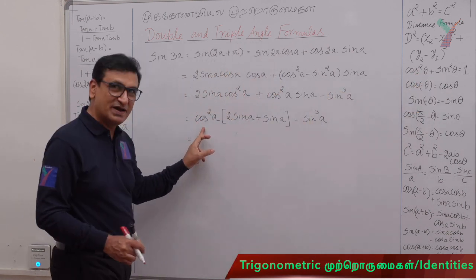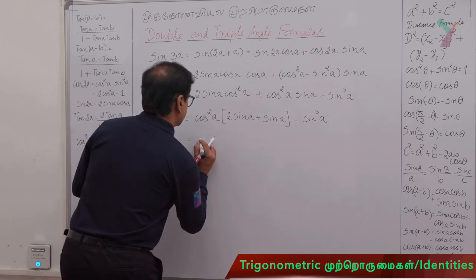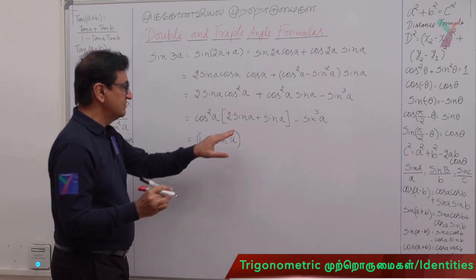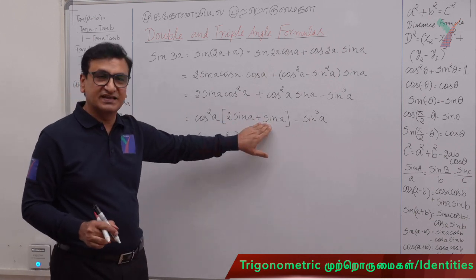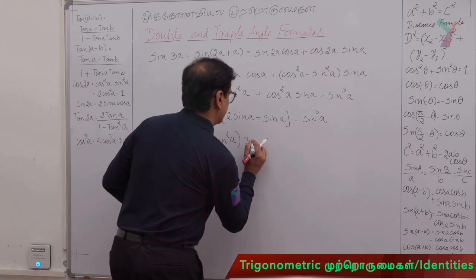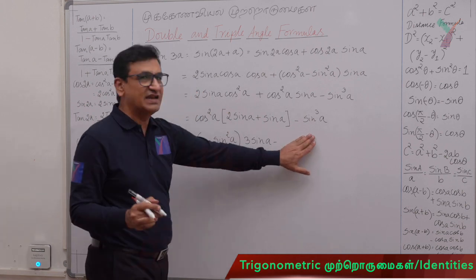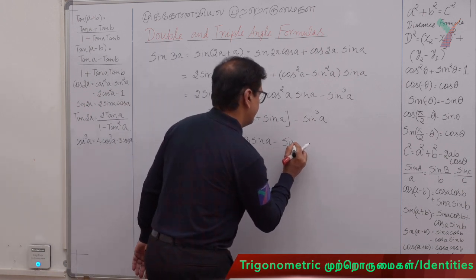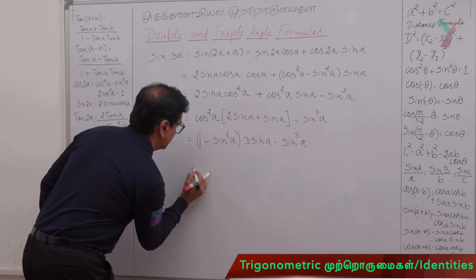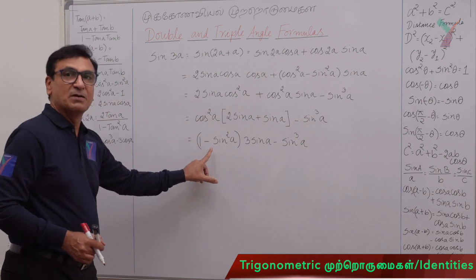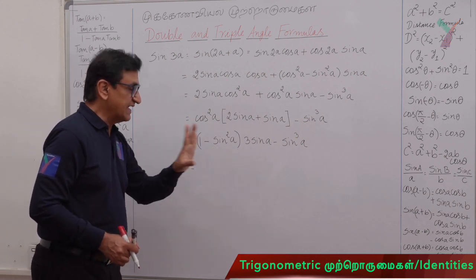So this will be 1 minus sin square A. And we have 2 sin A plus sin A. This is 3 sin A. Minus, we already have sin cube. Let's simplify this again. So 3 sin A minus 3 sin cube A.